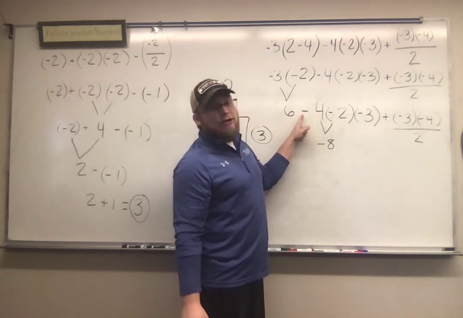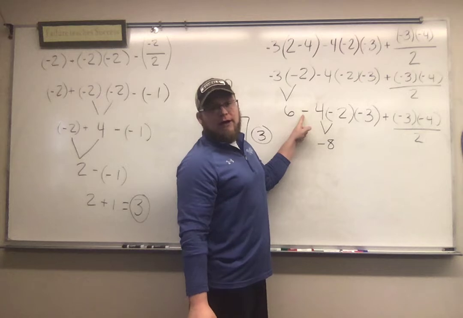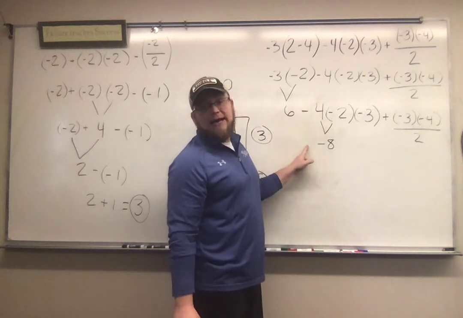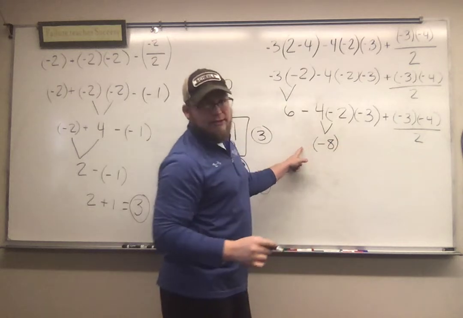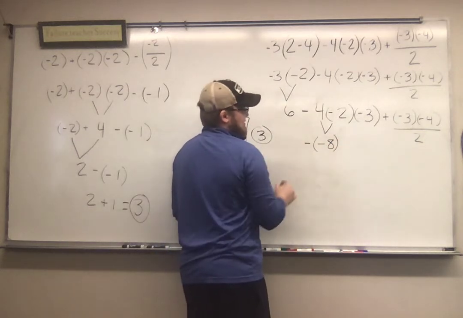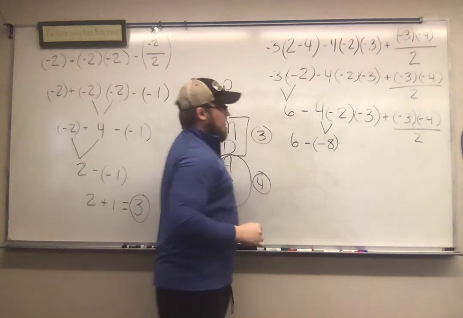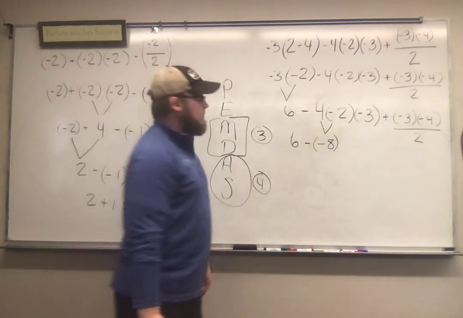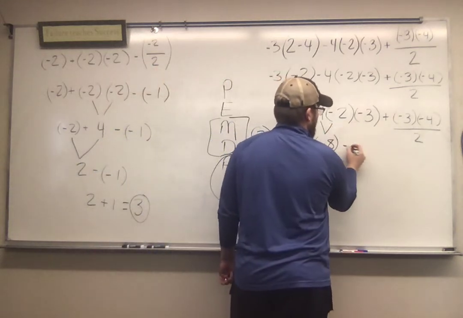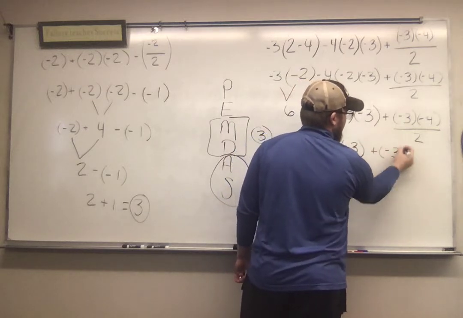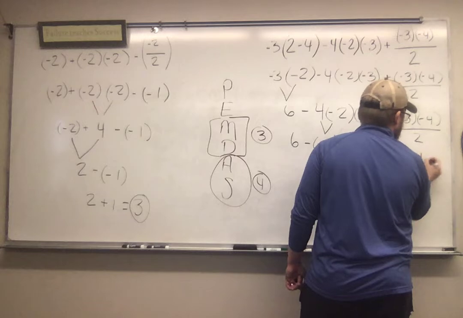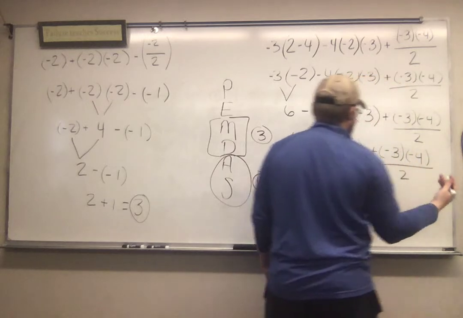Since I didn't look at it as a negative 4, I need to include this minus sign back down here. So I'm going to put my answer in parentheses, drop my negative sign, and then rewrite my problem again.